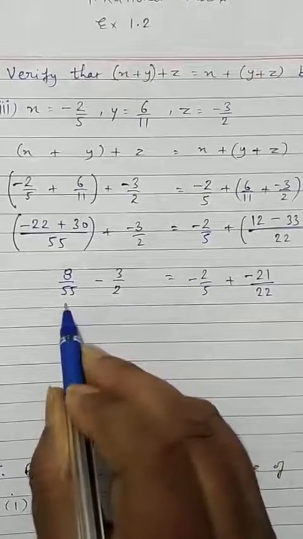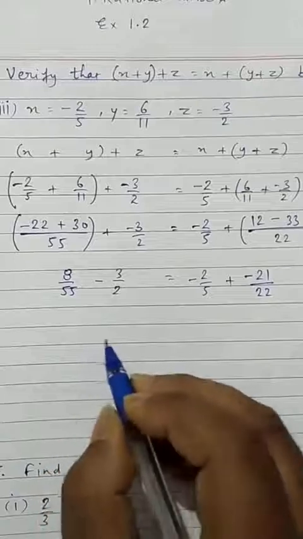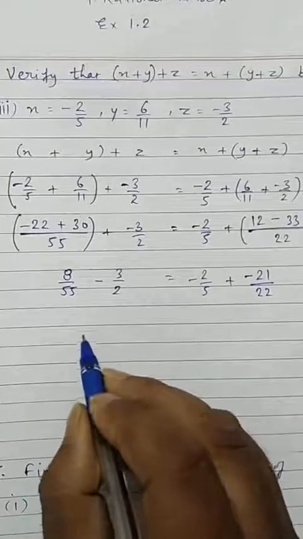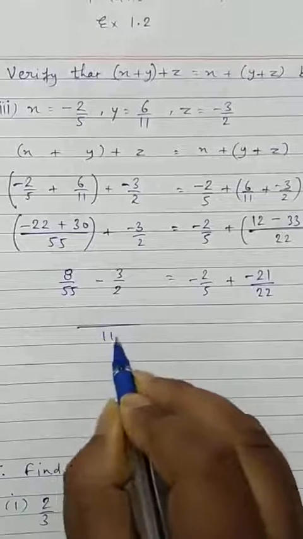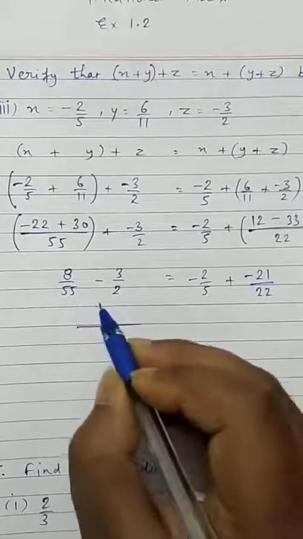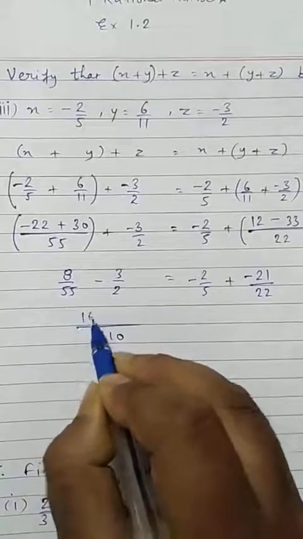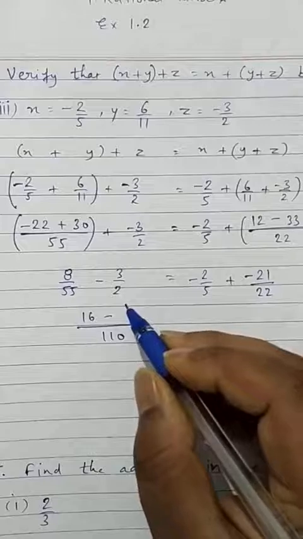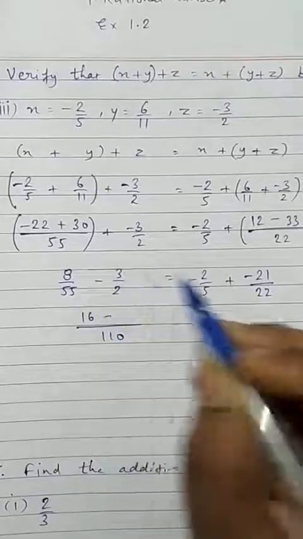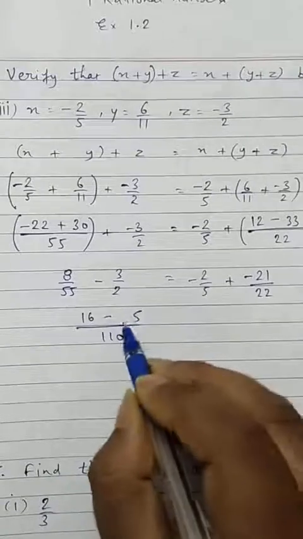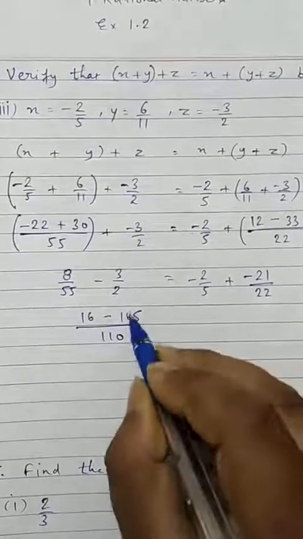Now the LCM of 55 and 2 is 110. 110 divided by 55 is 2, 2 8s are 16. 110 divided by 2 is 55. So 55 into 3, 3 5s are 15, 3 5s are 15 plus 1 is 16. This is 165.